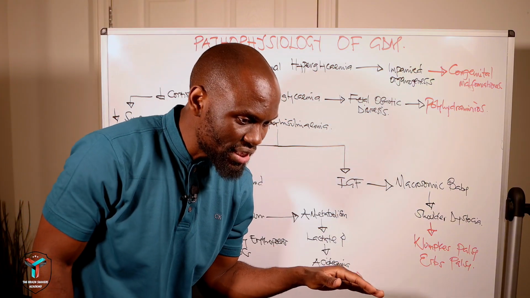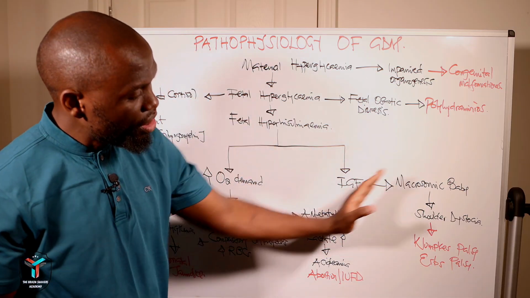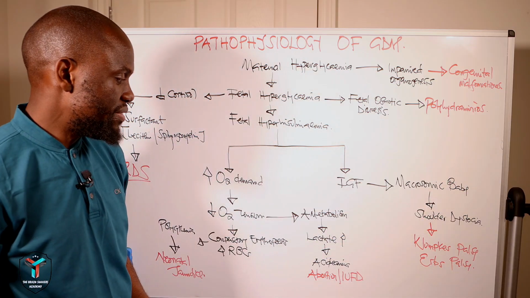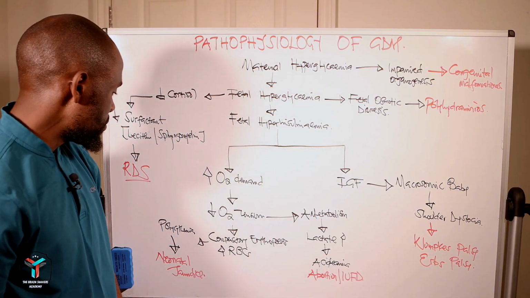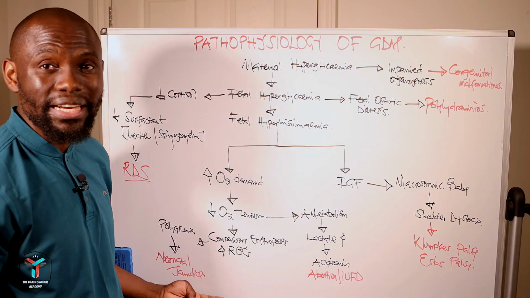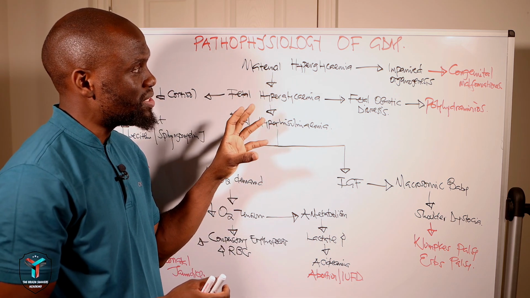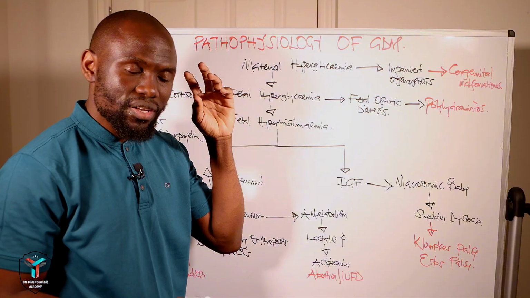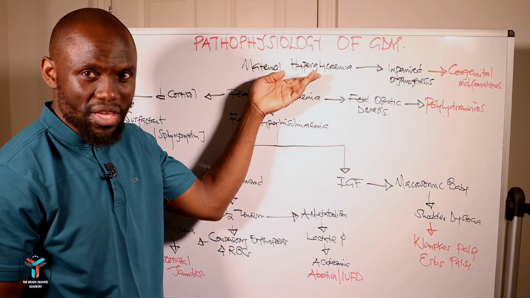We may end up with congenital malformations within the first trimester, or if we go all the way until delivery, we may end up with complications such as palsy, respiratory distress, or neonatal jaundice. So basically, this is what happens during the state of high glucose levels in the mother.